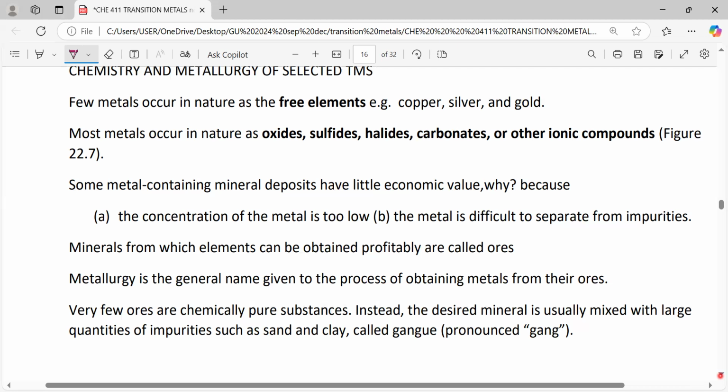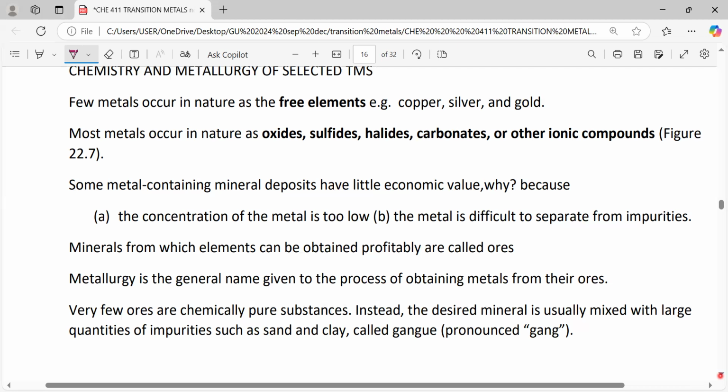Because the concentration of the metal is too low, or separating it from impurities is a bit of a challenge. Minerals from which elements can be obtained profitably are usually called ores.